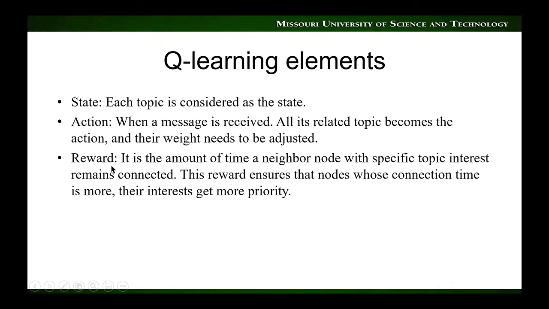The reward is calculated by the amount of time a neighbor node with some specific topic interest remains connected. So it ensures that nodes whose connection time is more, their interests get more priority. That means if Chuck is connected to Alice more, then it will share some interest of Alice, so that it will receive information from Alice. So that is the concept.